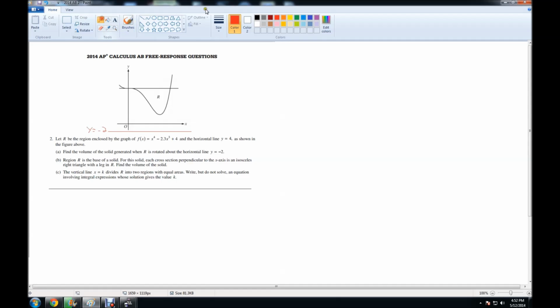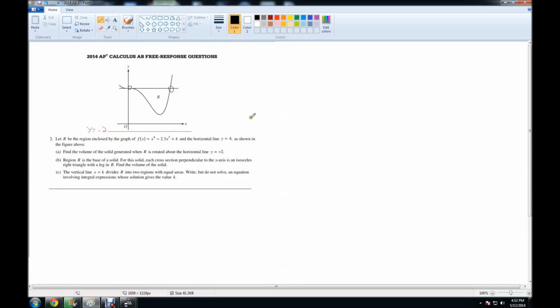Now, before we do anything, let's find what these points are, because I can tell that we're going to need to find what these points are. And by doing this, we need our graphing calculators. Actually, it's funny because in this question, we don't need our graphing calculator to find the zeros, and you'll see why in just a minute. Basically, we get this by setting the graph equal to the horizontal line y equals 4.